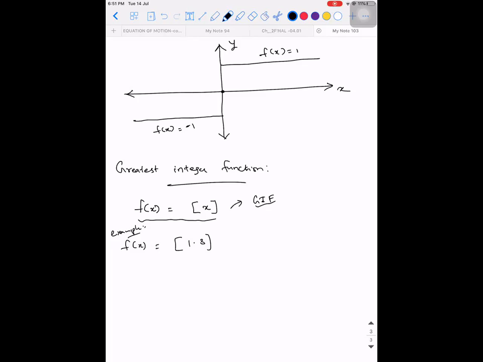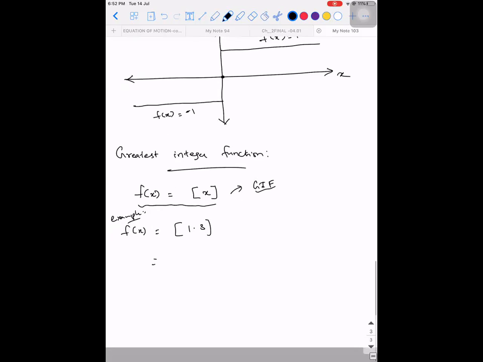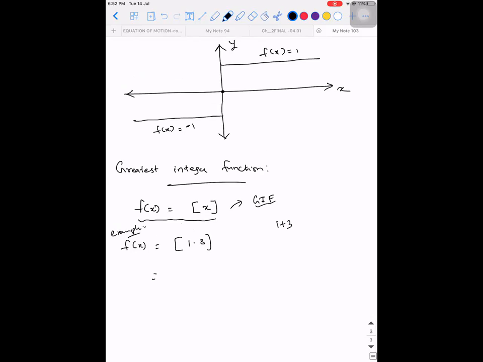Can someone tell me the answer? What do you mean by greatest integer function? The highest integer. Is it 1 or 2? One. 1 is right. So you have 1.3.